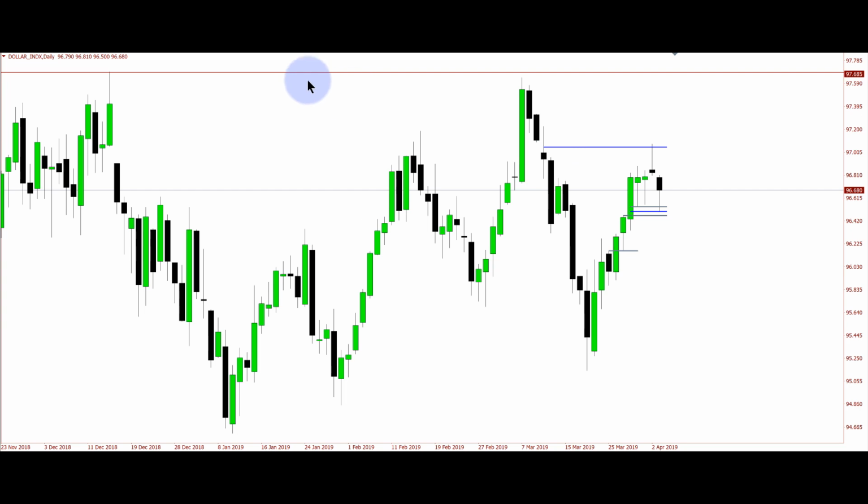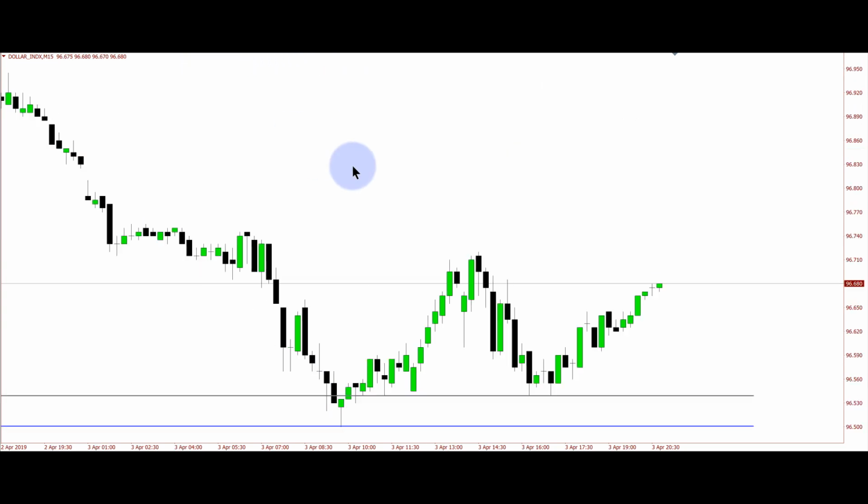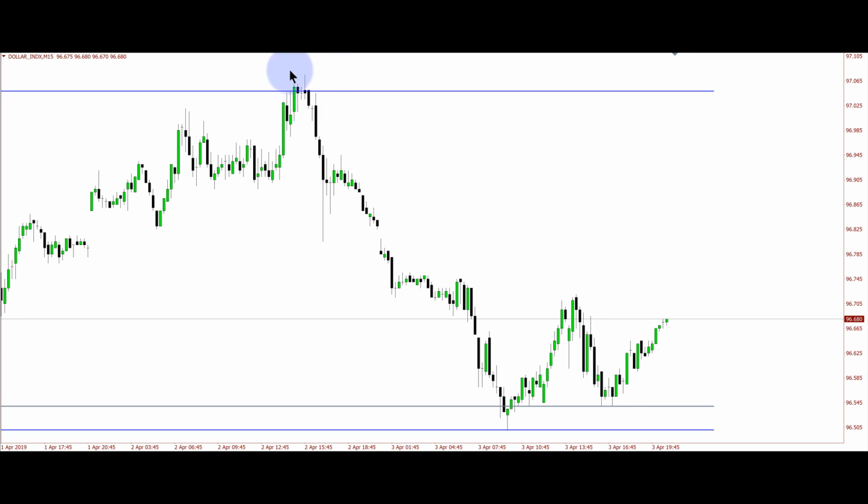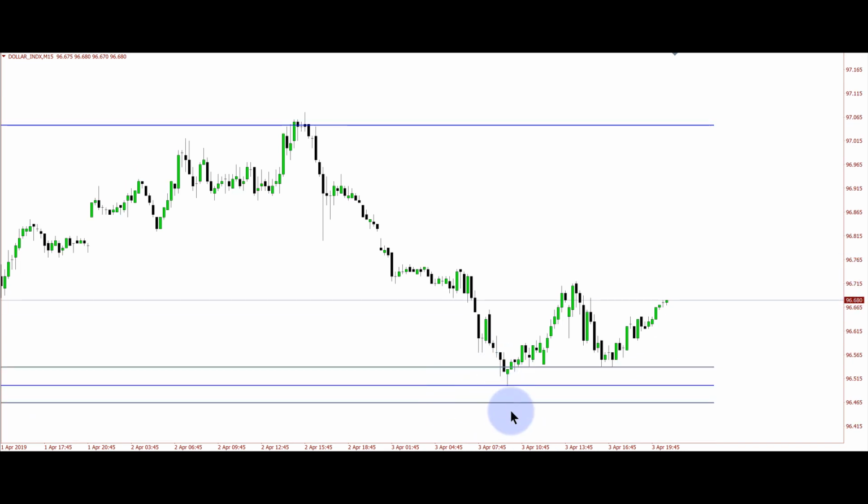Now, if we drop down into a 15-minute time frame and scrunch this up, there are those two bands of institutional order flow. So here's that volume imbalance, the mean of that range, or consequent encroachment, and here's the mean of that fair value gap.